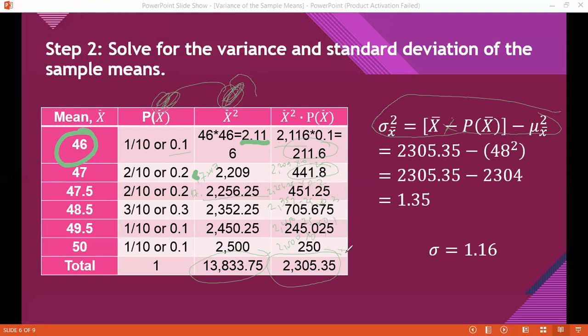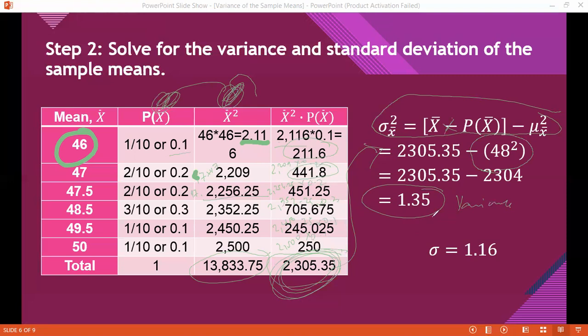I'm really sorry, this should be multiply. So technically, we will use this for this, minus the square of the mean. In our video about the mean of the sample means, the mean is equal to 48. So that is 48. Then proceed with the computation. You have now 1.35. That is the value for your variance.